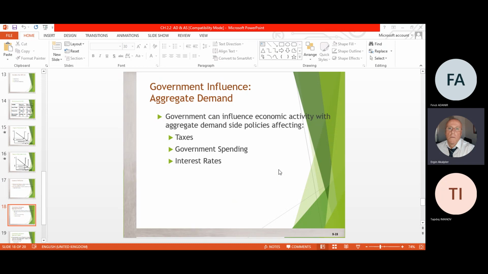And from this point of view, if the government sets the taxes very high on disposable income, the consumers who are ready to save part of their disposable income will probably reduce their saving or will probably not be able to save.